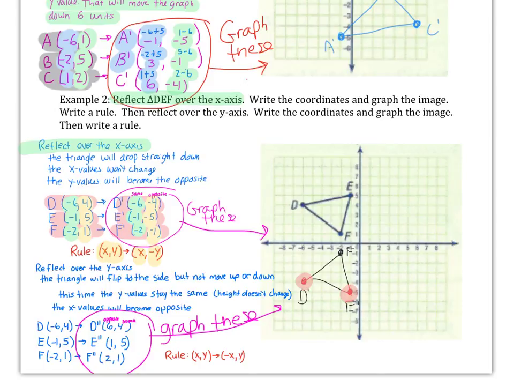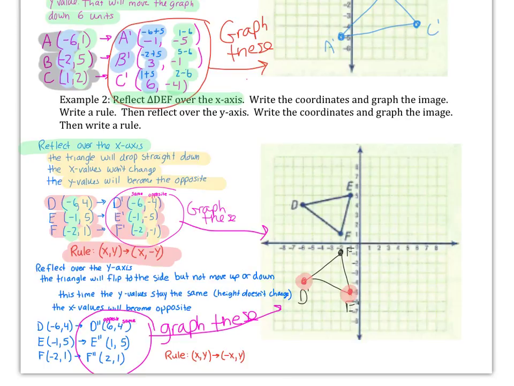If it happened to be negative, it will become positive. And that's written here in words. The triangle will drop straight down. The x values won't change. The y values will become the opposite. So this here in red is one of the rules that you're going to need to memorize. If you see that rule, you'll know it was a reflection over the x-axis.